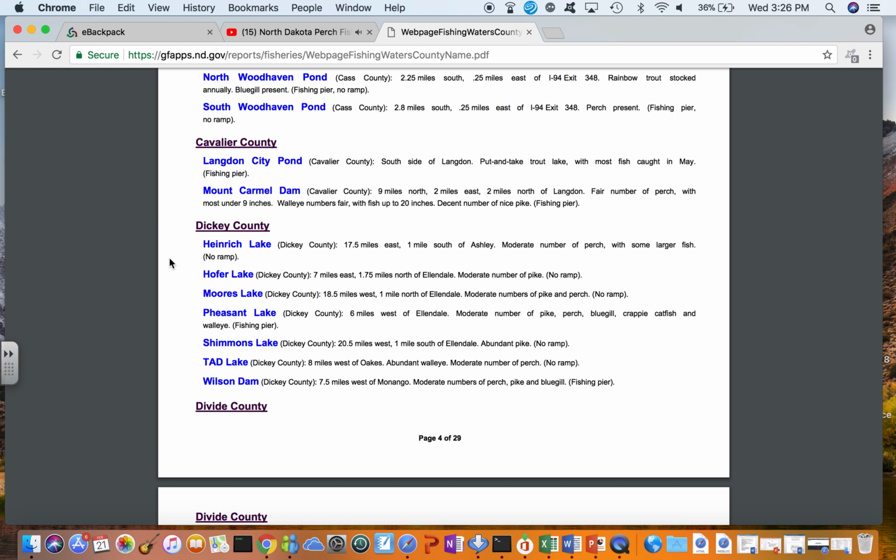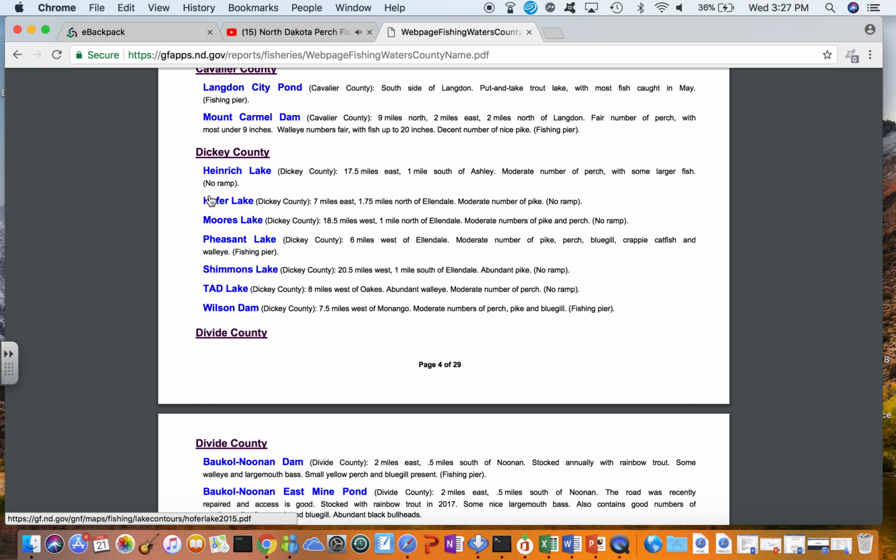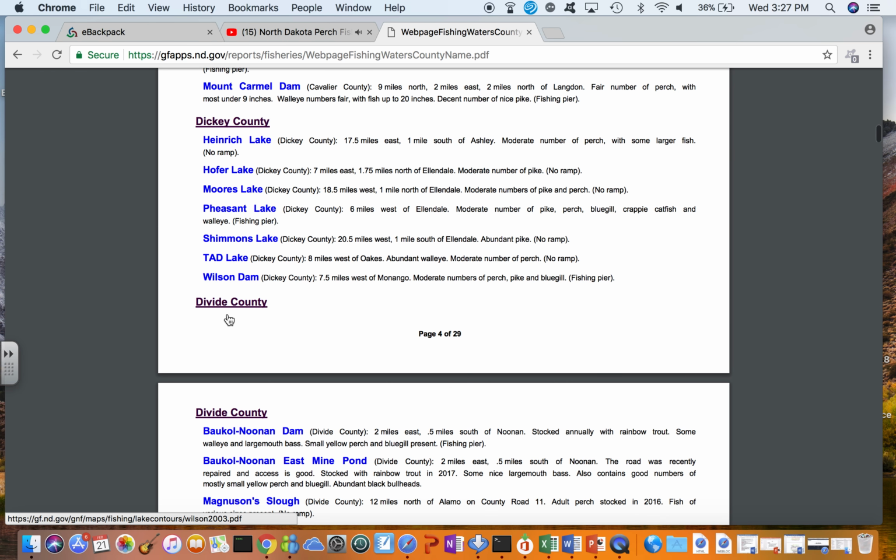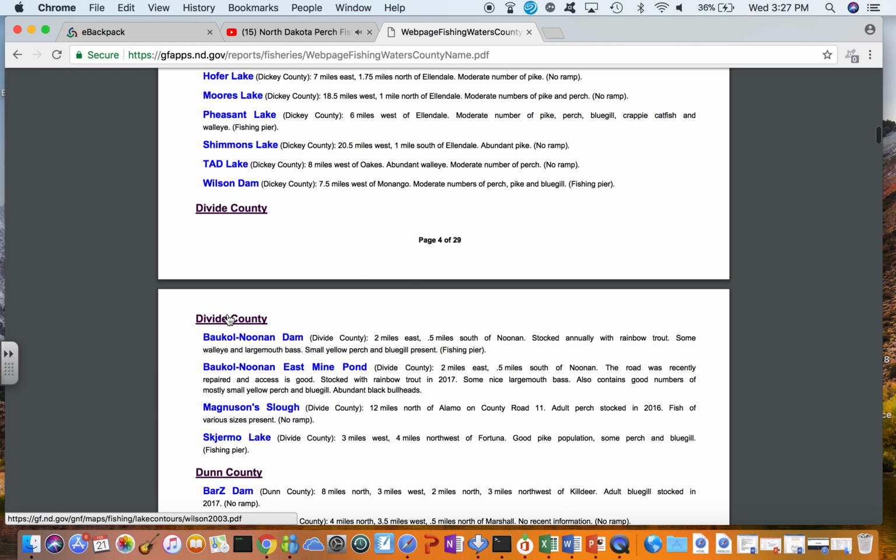Hofer is somewhat by Oaks. I've personally never fished it. And then you have Heinrich, which is way out by Ashley, and Wilson Dam, which I've never fished either, which is somewhat by Whitestone Hill. So Heinrich, Hofer, Moores, Pheasant, Shimmons, Tad, and Wilson Dam are all the waters in Dickey County.